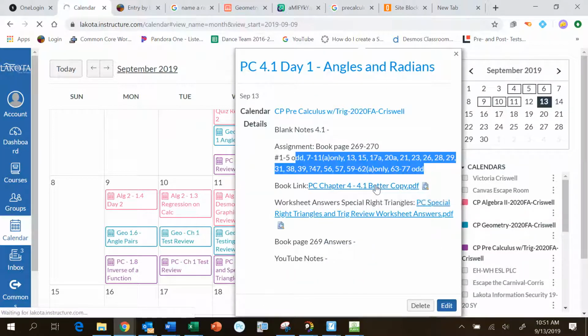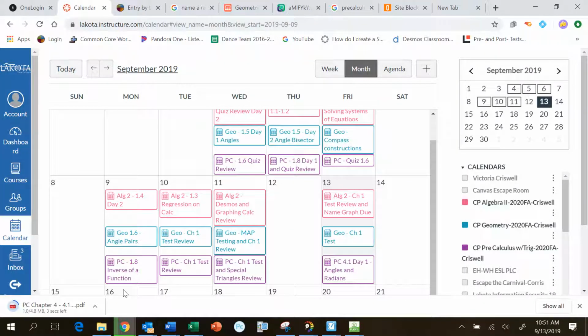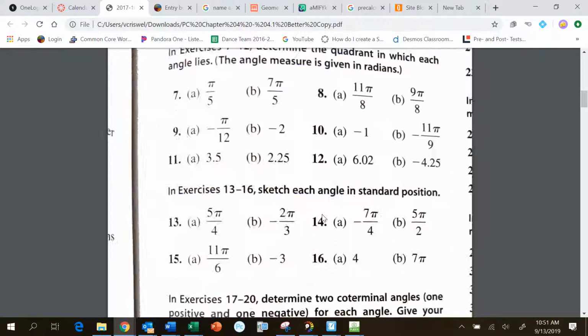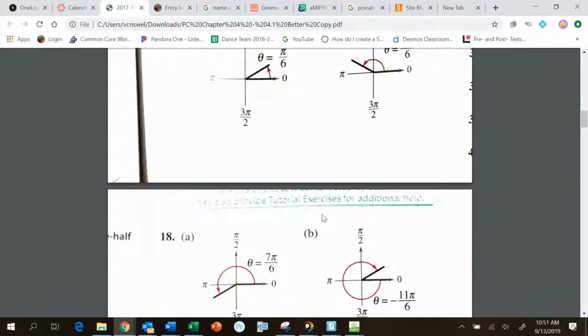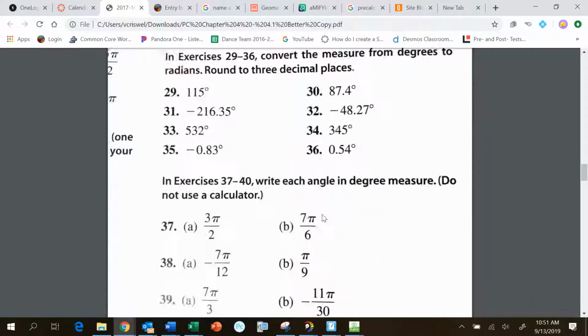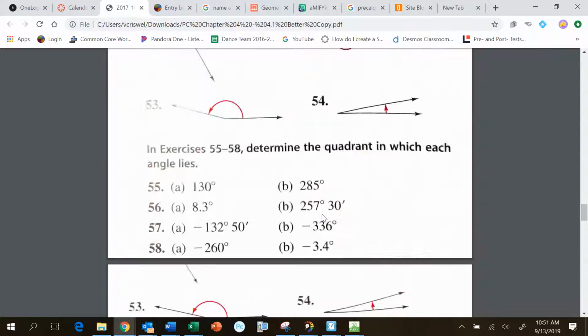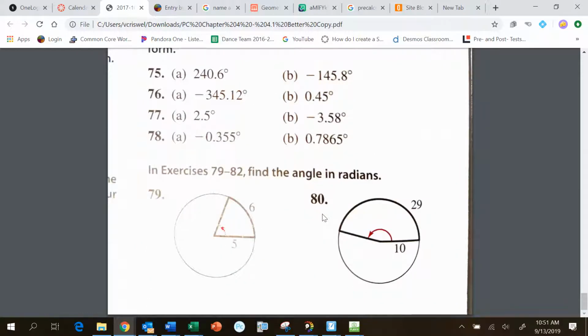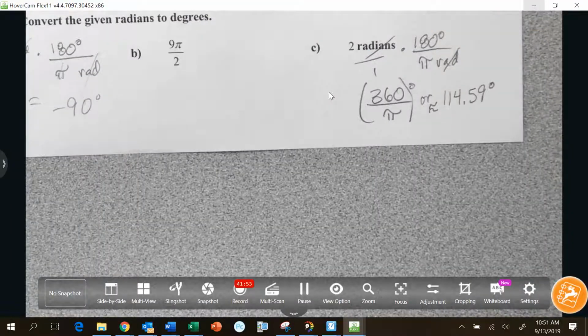And then if you click on the book link, there's the exercises from the book. So it's all there, what you'd need. You have to do all the questions that were listed, which seems like it's not really bad. I'll put it up so you can see it.